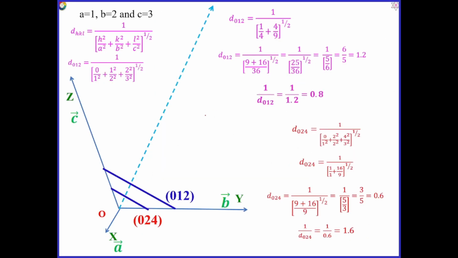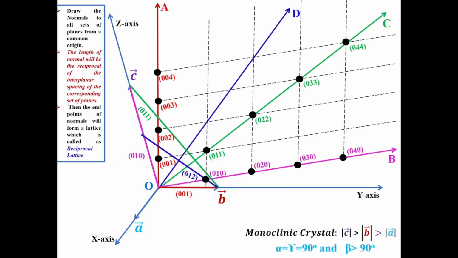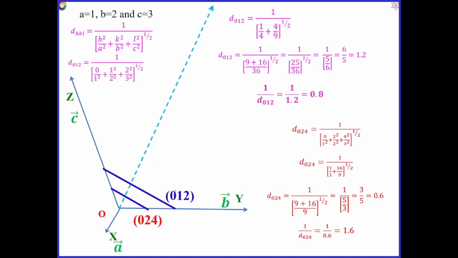Now we are going to go for the next plane, that is your 012. Here we are going to calculate traditionally. This is your 012 plane, and obviously this will be half of this length, so this will be the 024 plane. The Miller indices of this plane is 024. This is your 012.